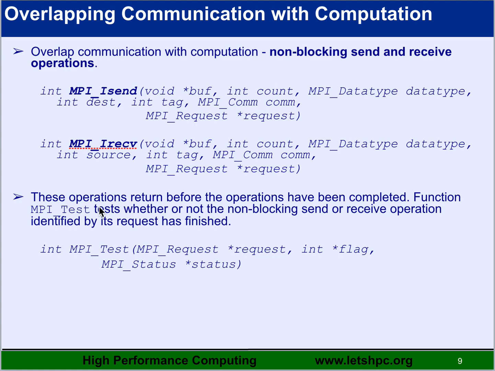So the function MPI test checks whether or not the non-blocking send or receive operation identified by its request has finished successfully or not. But this is going to be much more efficient, if implemented correctly, compared to the blocking send and receive.